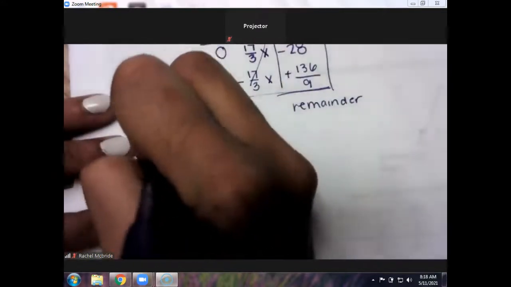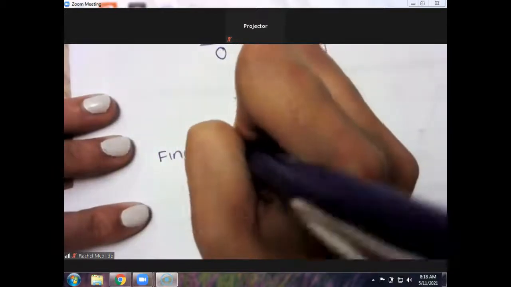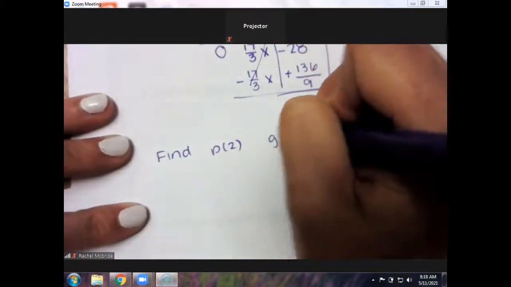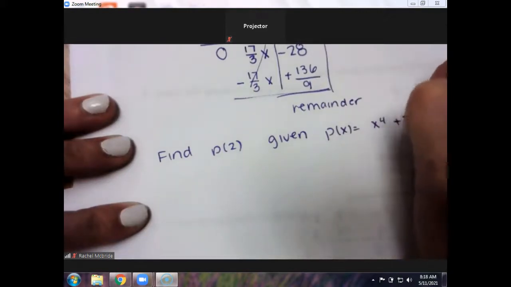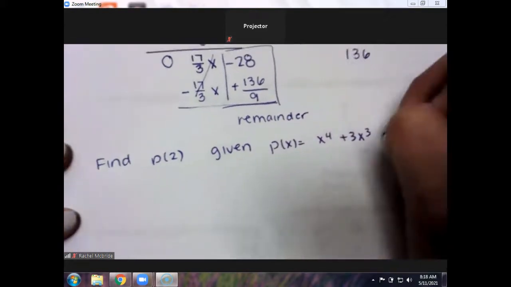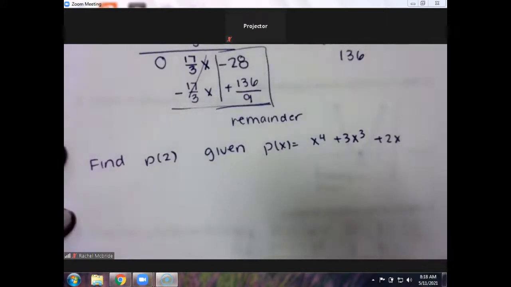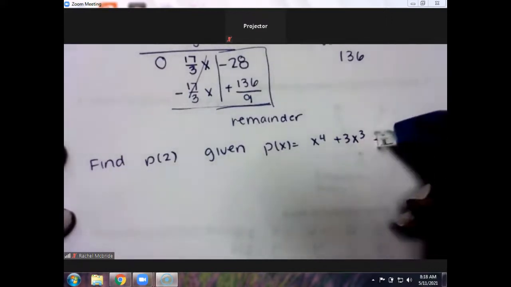Okay, if I said find P of 2, given P of x equals x to the 4th plus 3x cubed plus 2x squared, or let's do minus 2x squared, I'll keep the numbers better.